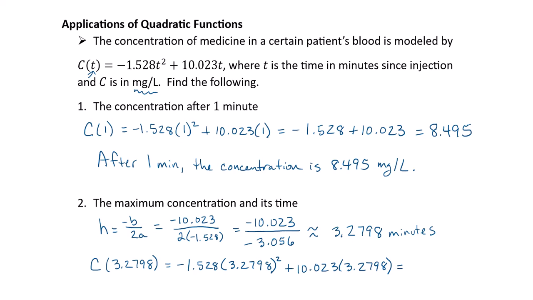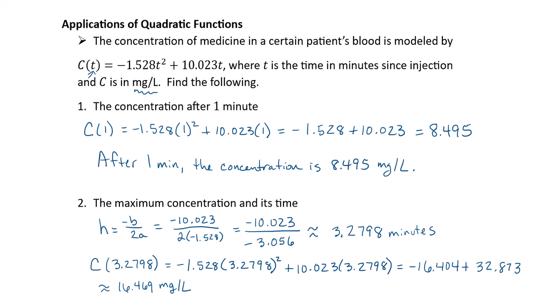And putting this into the calculator, I'm getting a negative 16.404, just approximately, plus 32.873. And when I combine that, I'm going to have approximately 16.469. And that's going to be the concentration, which is milligrams per liter.